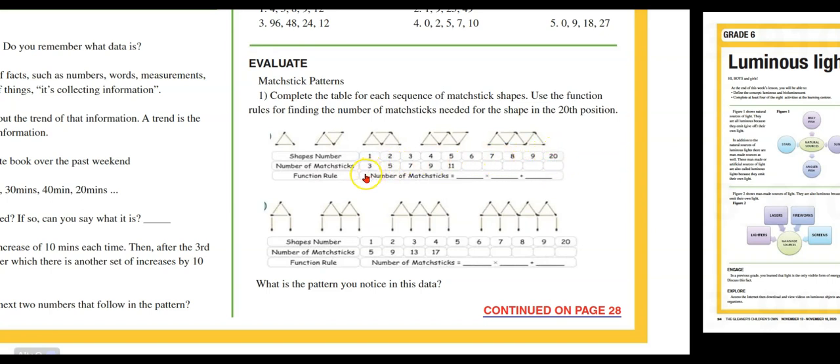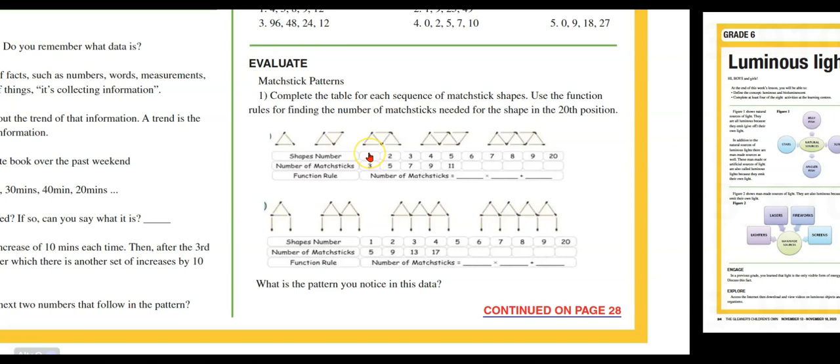Let's look at this. I'm not going to tell you what the 20th one is, but I'm going to help you with the rule. Let's call this number n. The rule is n plus n plus 1.